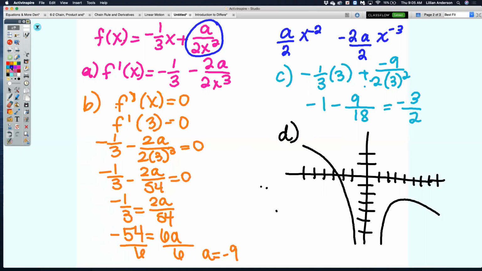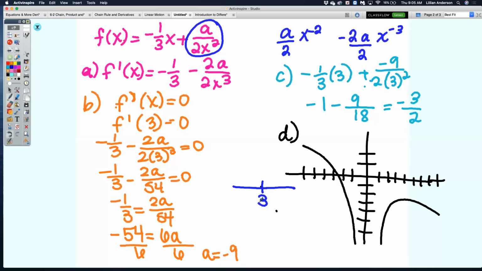I can definitely do that, but I'm going to use the information that I already know to do that. I already know that I have a maximum at 3.